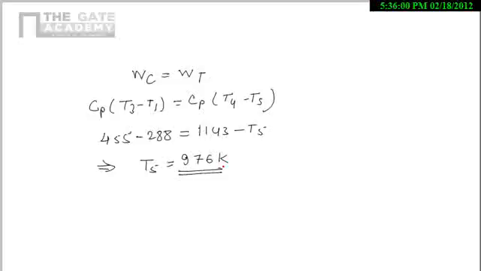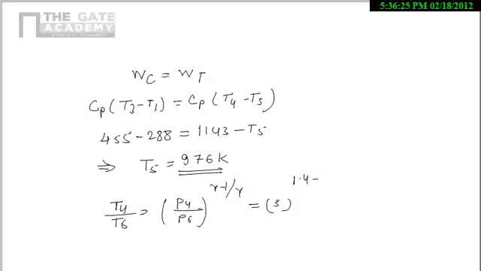So again, if we apply the reversible adiabatic process for the 4-6 process, T4 by T6 equals P4 by P6 to the power gamma minus 1 by gamma. Again the pressure ratio is the same, that is 5.